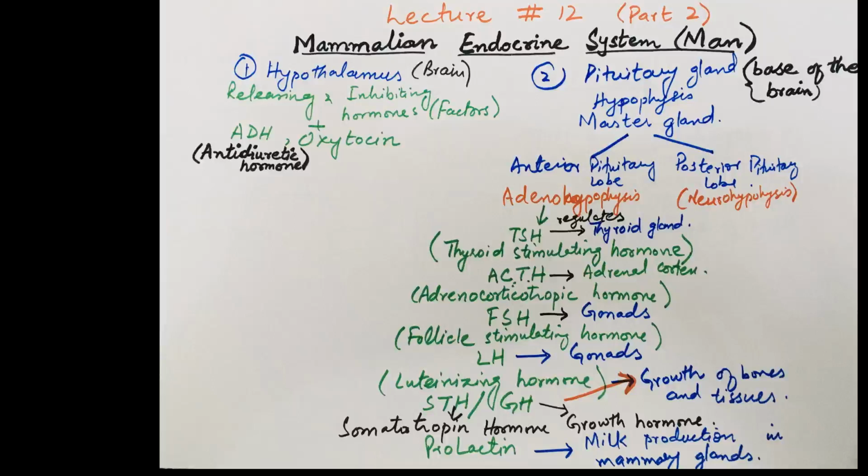Okay. I was telling you the anterior lobe is also called adenohypophysis, while the posterior lobe is called neurohypophysis, right? Now from the anterior lobe, there are multiple hormones which are secreted.